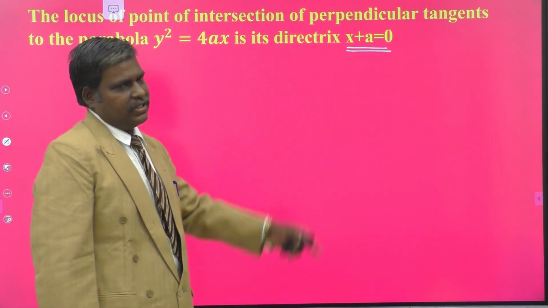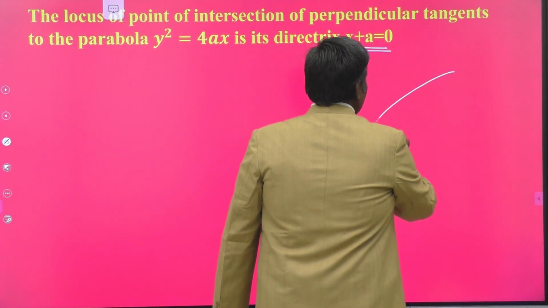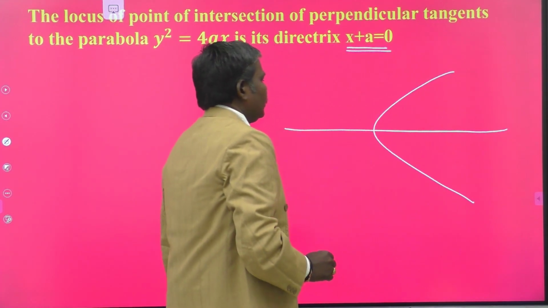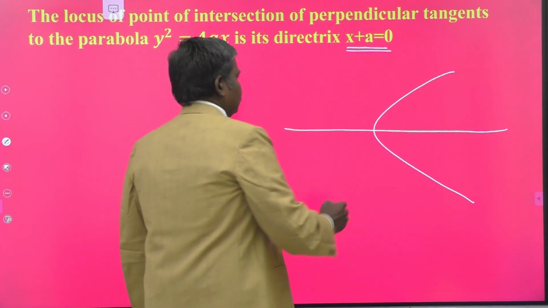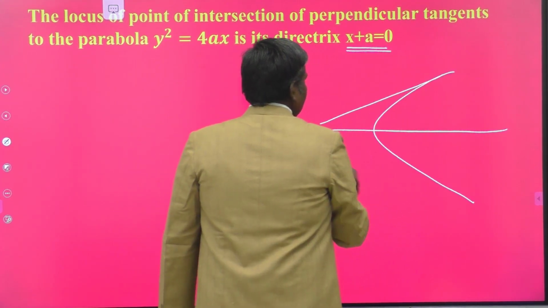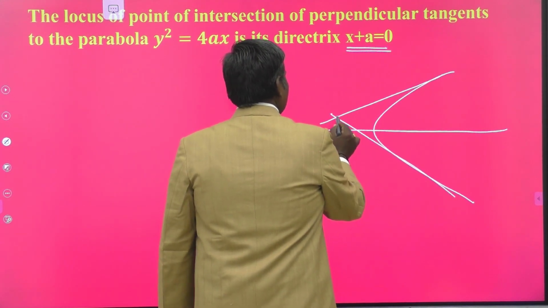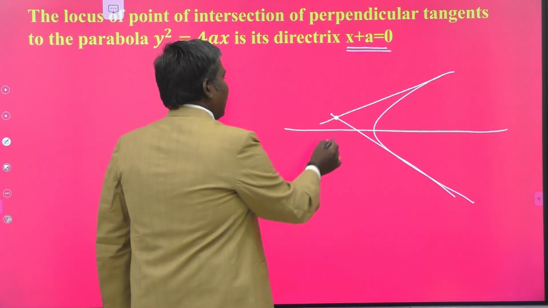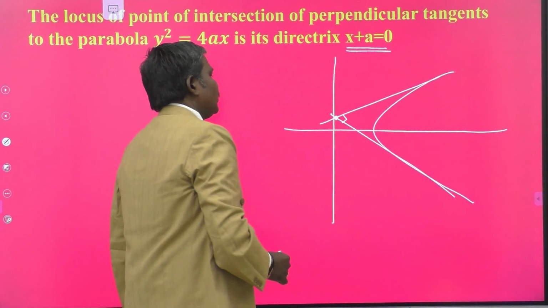Read it yourself once again. So, this is the parabola y square equal to 4ax. This is the axis of the parabola. Draw two tangents which are perpendicular to each other. It is a pair of tangents. So, this is the point of intersection of the tangents. If the angle between them is 90 degrees, the point of intersection lies on what?